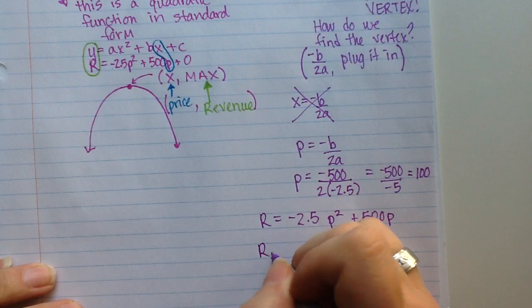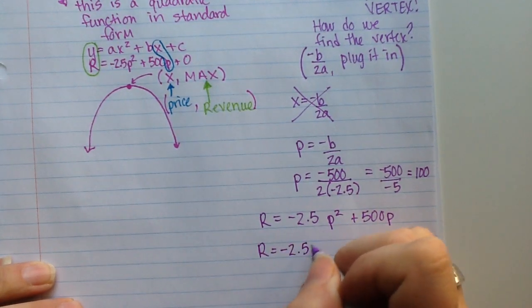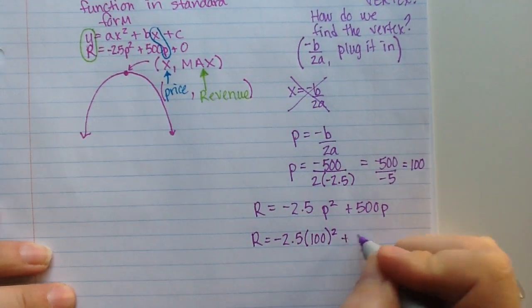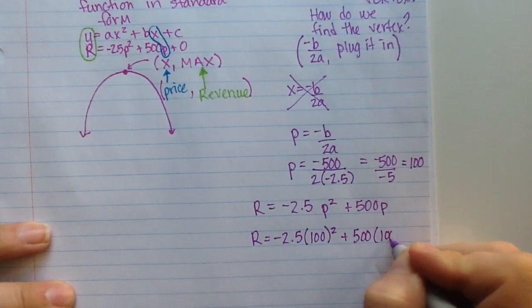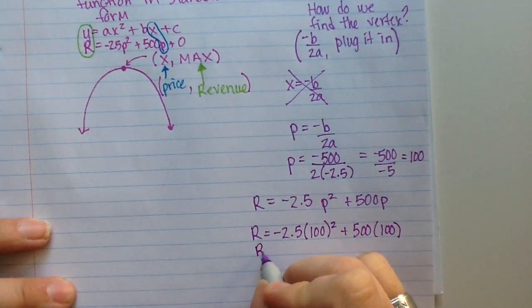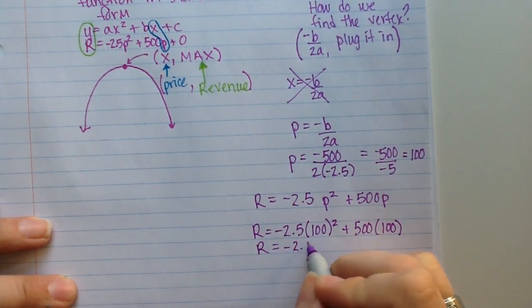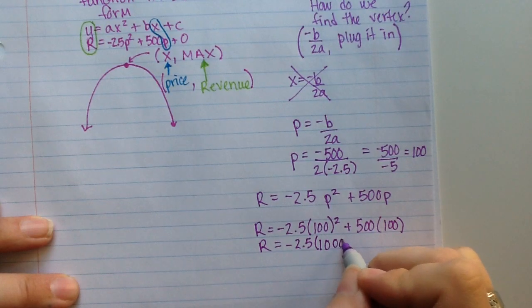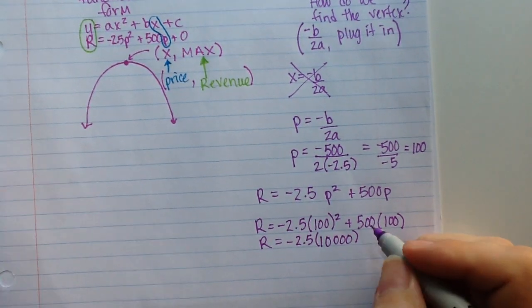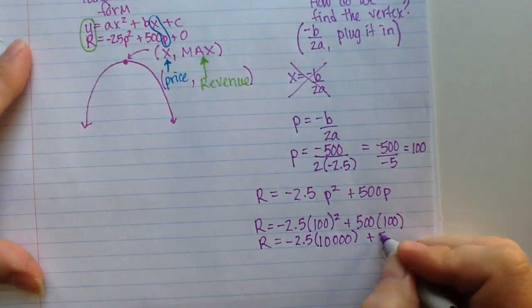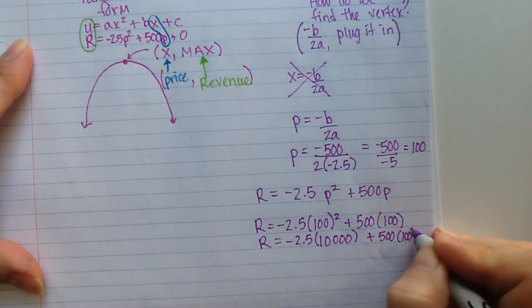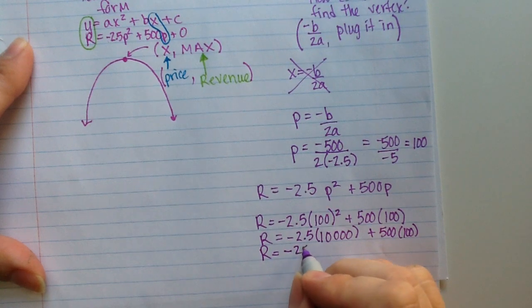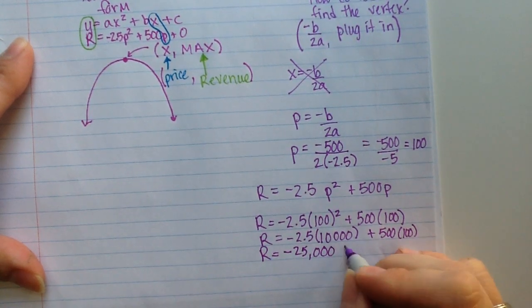So we'll have R equals negative 2.5 times 100 squared plus 500 times 100. So that's R equals negative 2.5 times 10,000 plus 500 times 100.